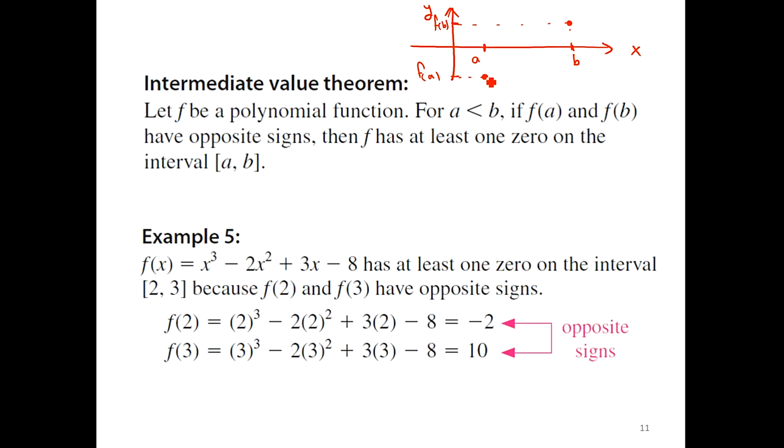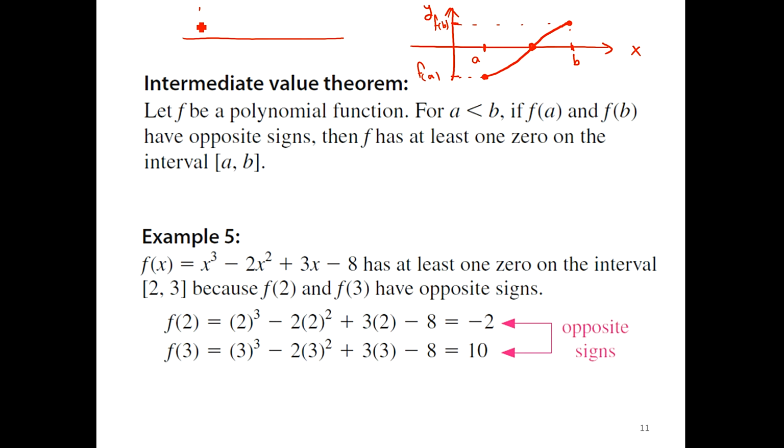So if we draw it, we have an intersection point between the graph and the x-axis. So we have an X-intercept, so we have a zero of f of x, for any polynomial.